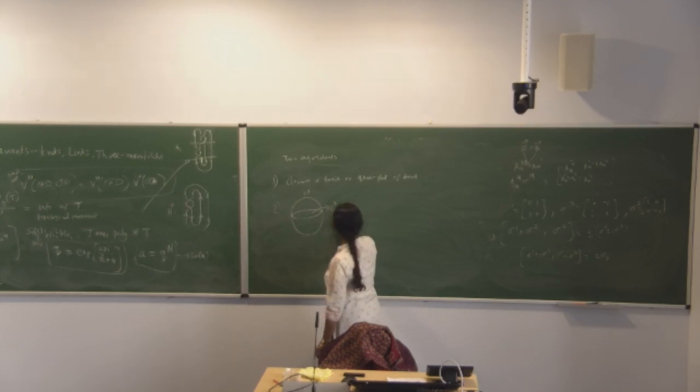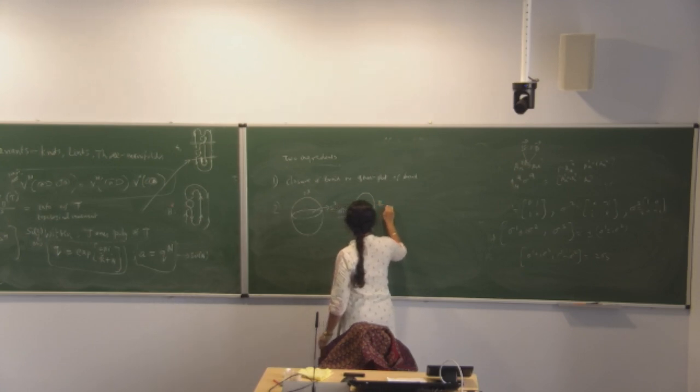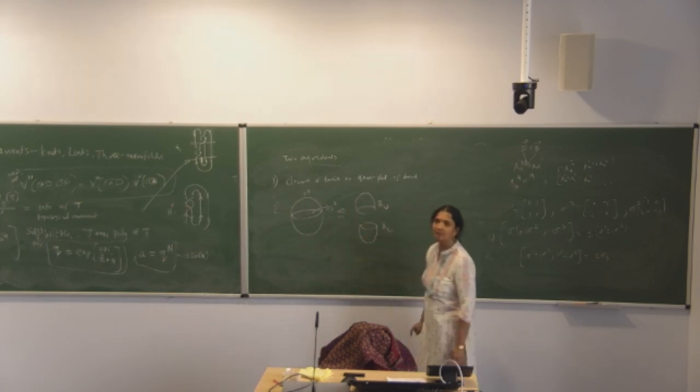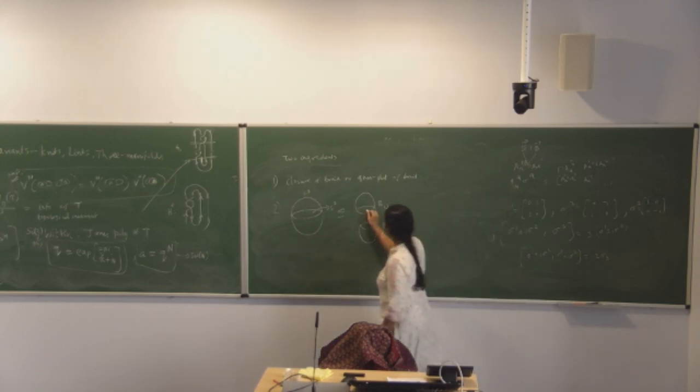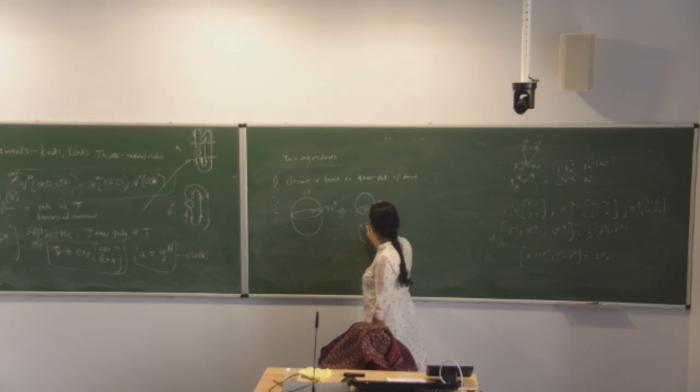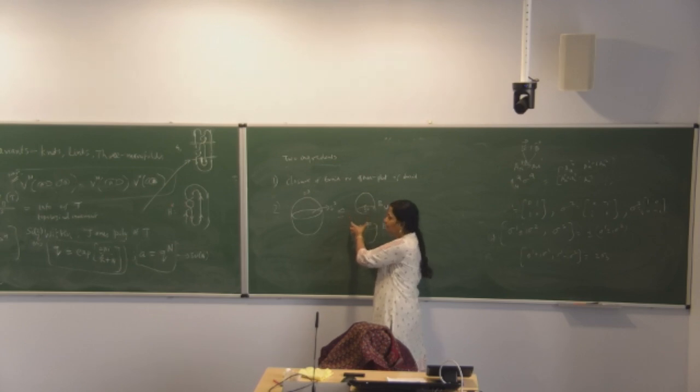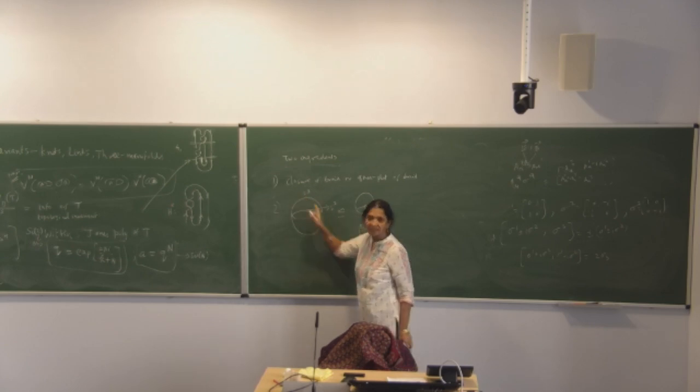So what I do is I try to equivalently draw this as a gluing of the upper 3-ball with the lower 3-ball, where this upper 3-ball has S2 and this one will be an oppositely oriented S2, so that suppose you put some kind of a current, then this should be in the opposite direction, so that when you glue it back, this piece is gone and you end up getting the S3.